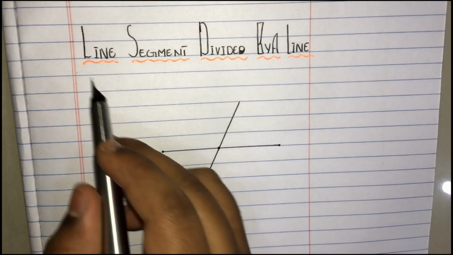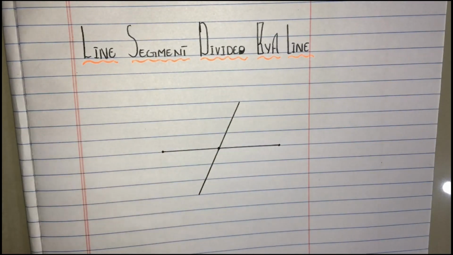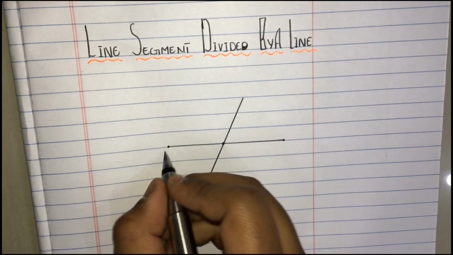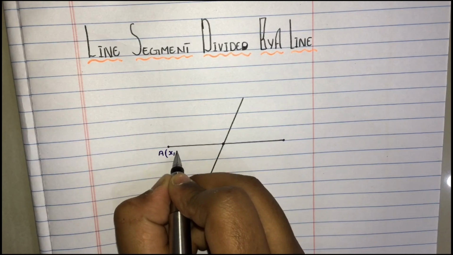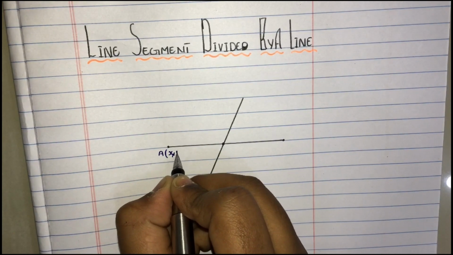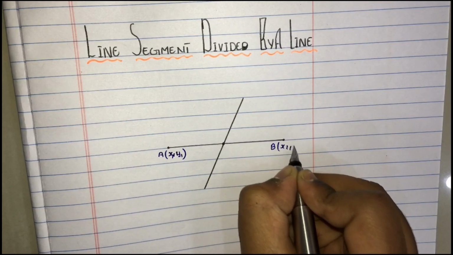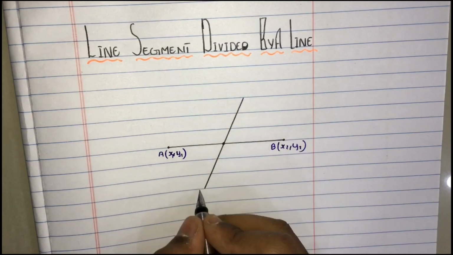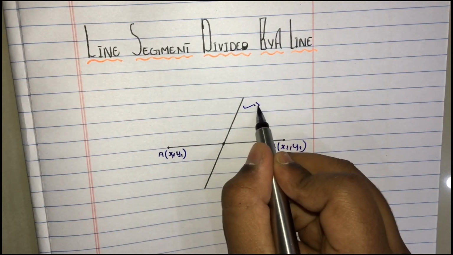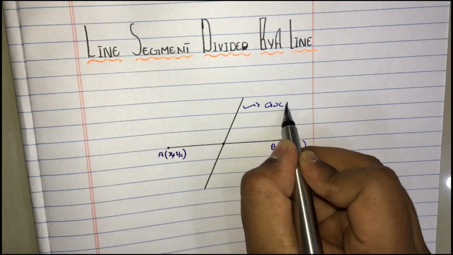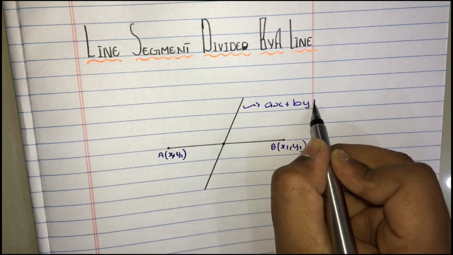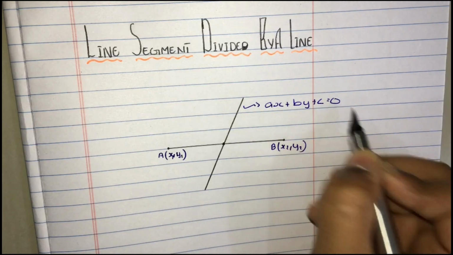So now line segment divided by a line. So this is a line segment, again A x1 comma y1, and B x2 comma y2. This is a line. A line is of the form ax plus by plus c, which is equal to 0.